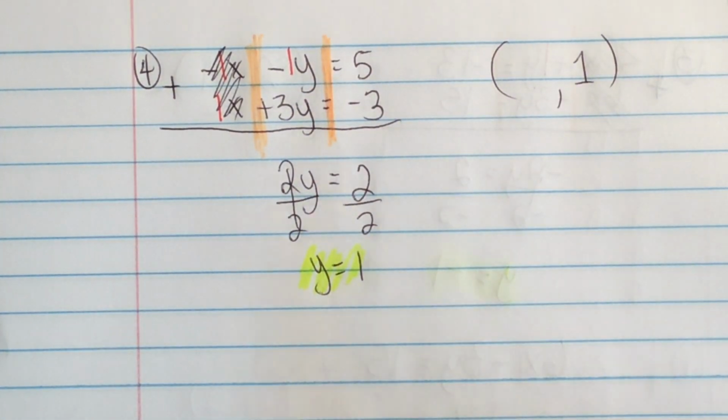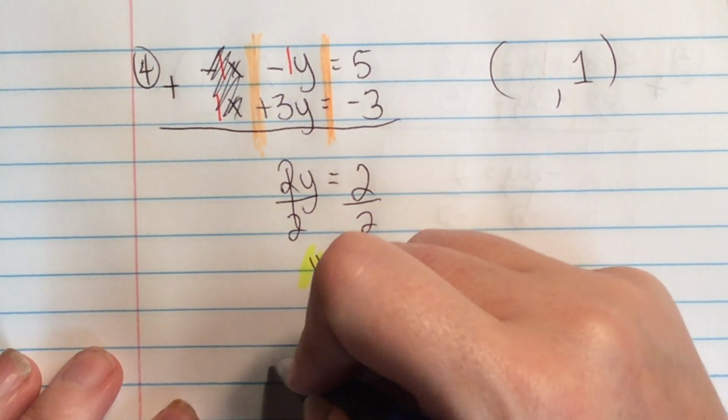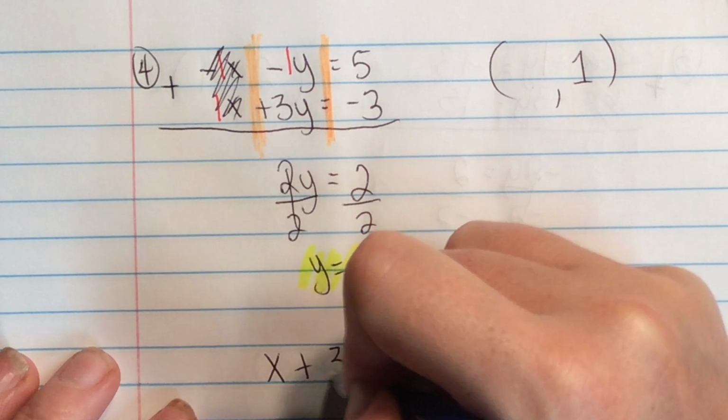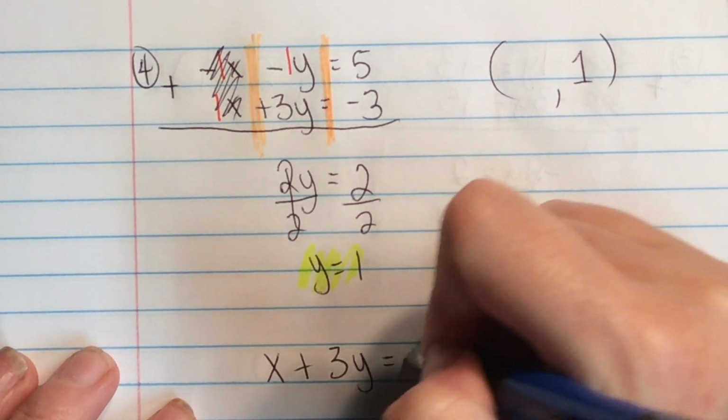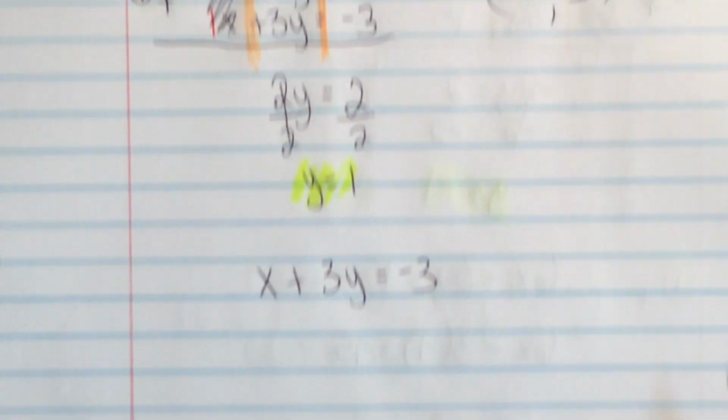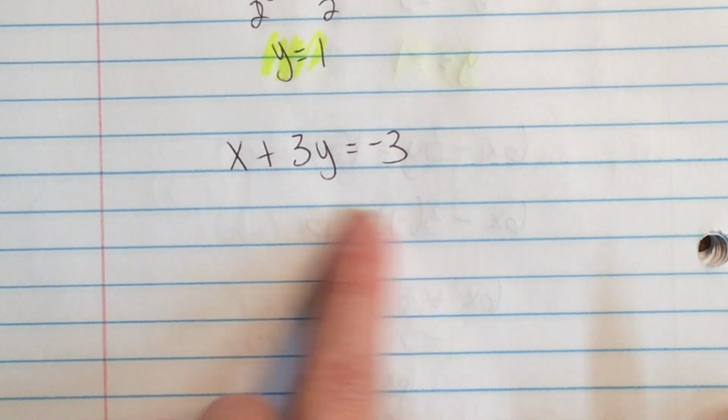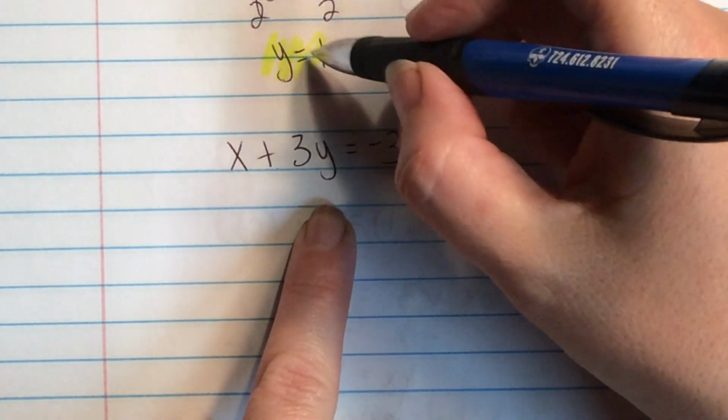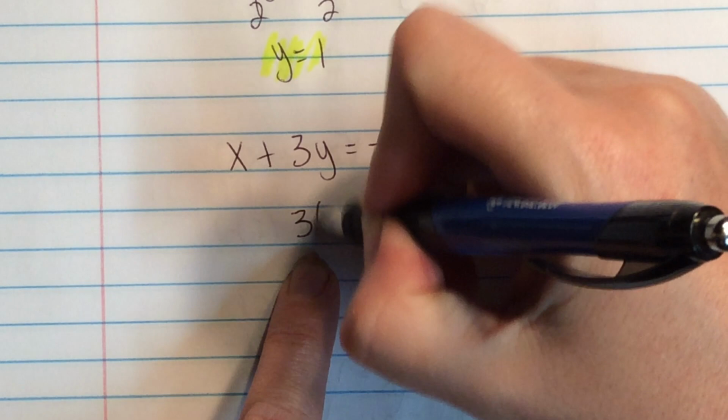Y equals 1. I'm going to look at the equations, and it looks like the second one is probably easier, so I'm going to plug it back into that one. Alright, so I've written my second equation, and then instead of putting a y, I'm going to put a 1.